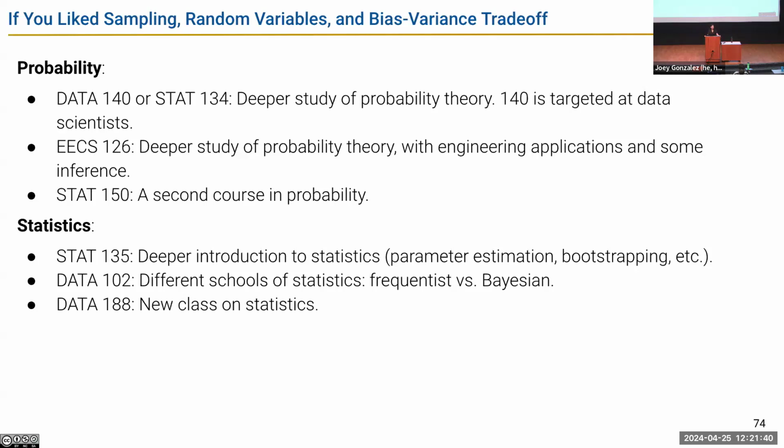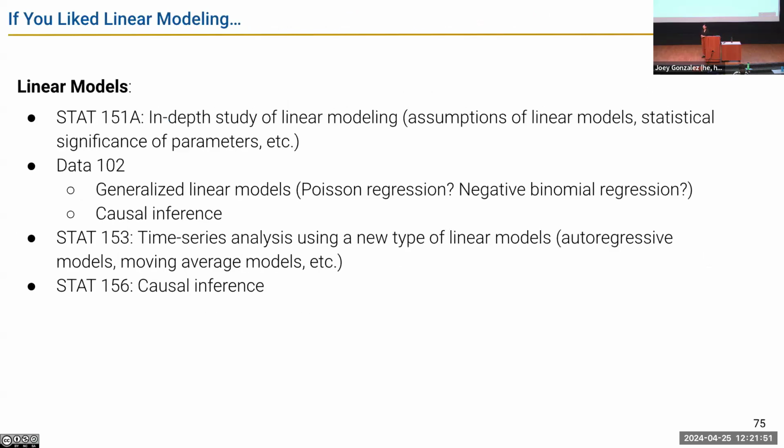So if you like that, Data 102 might give you that. And there's also a new course, Data 188, that you can check the details of online. Linear models. We heard so much from you that the linear regression part of Data 100 was difficult. And it is difficult because there is a whole different set of courses that are focusing on different types of linear models.